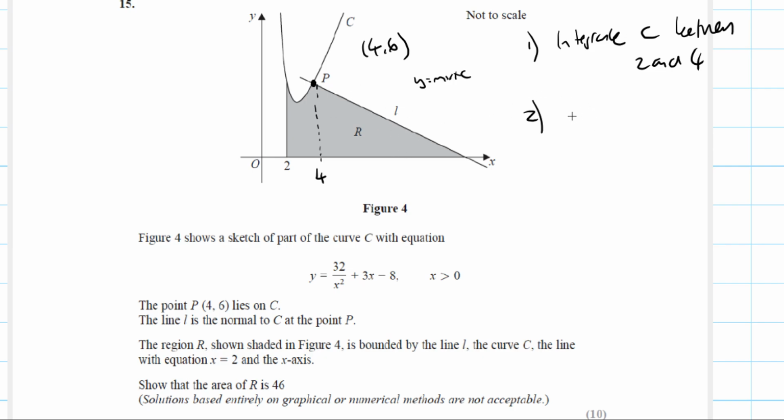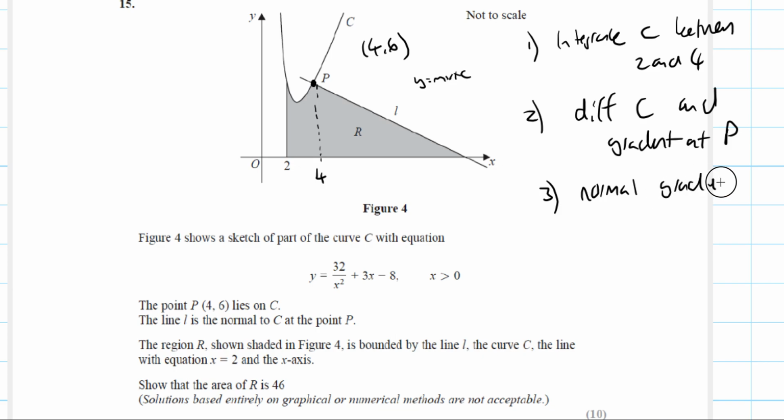So the first thing we're going to do is differentiate C and find the gradient at P, and then find the normal gradient, and sub in P to find L. Remember, L is in the form y equals mx plus c.